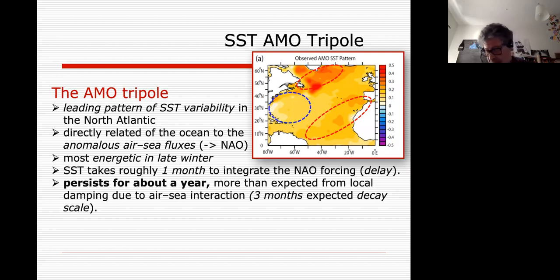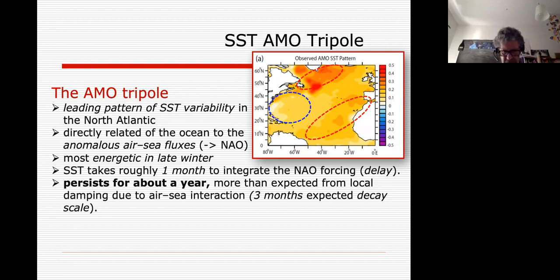The two indexes are related, but there is a delay in the ocean system because the heat content of the upper ocean is much higher than in the atmosphere. The seawater is much higher than the atmosphere.